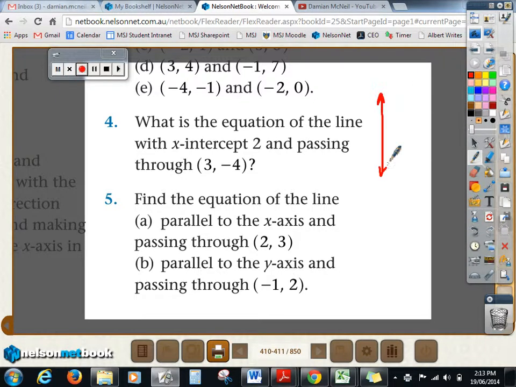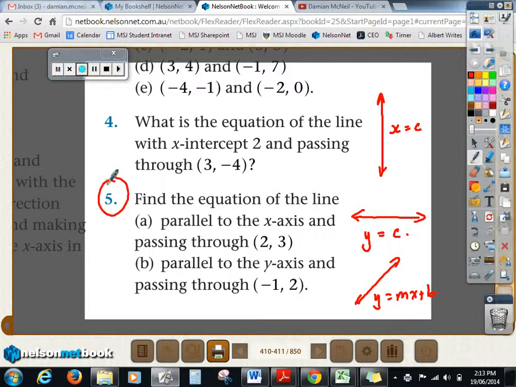A vertical line is x equals a constant, where the constant is where it cuts the x-axis, and a horizontal line is y equals a constant, where the constant is where it cuts the y-axis. So the only lines which are sloped are y equals mx plus b. Don't forget that when we are going through question 5.